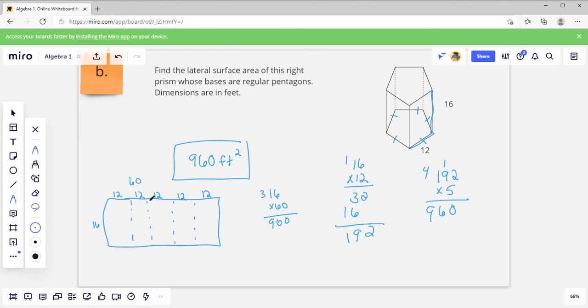Wait, hang on, I did that wrong. 0, 6 times 6 is 36. 6 times 1, 6, 7, 8, 9. Yeah, 960. So, same answer. 2 different ways of getting it. All right, that is it for lesson 60. Hope that made sense to everybody.